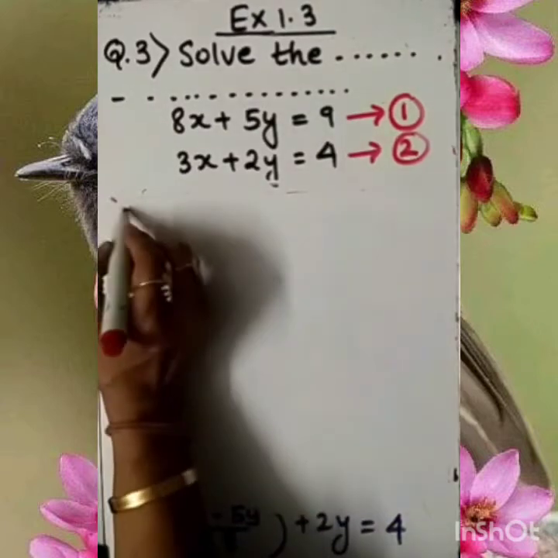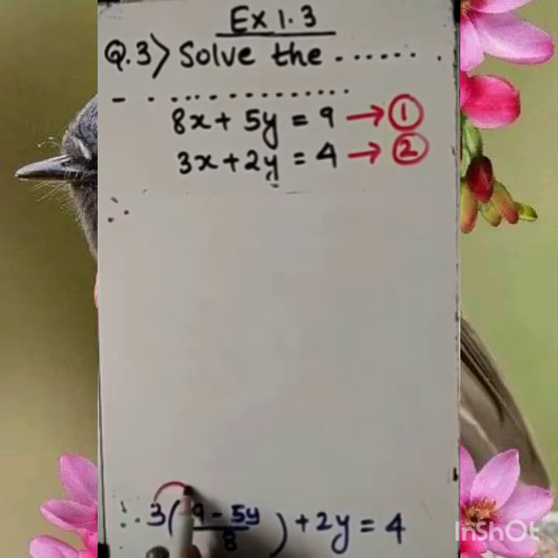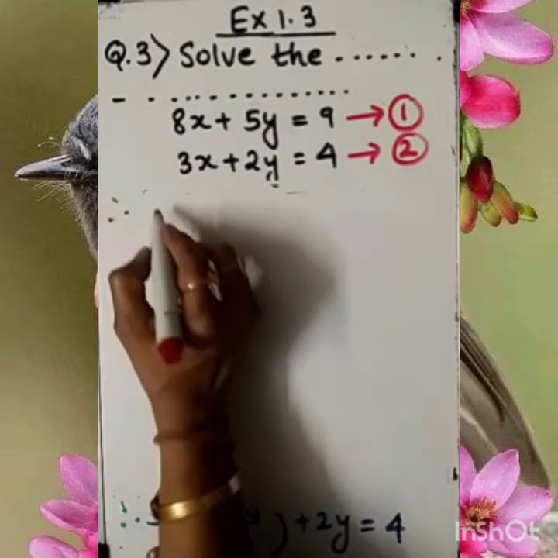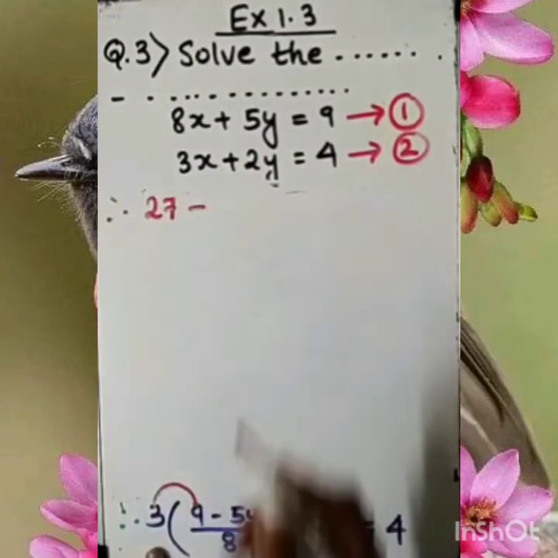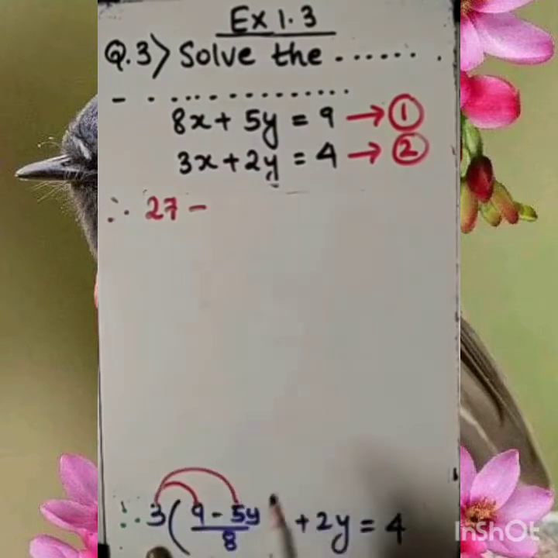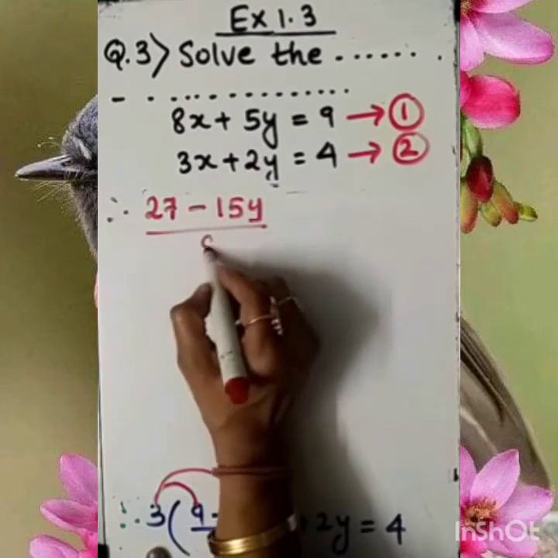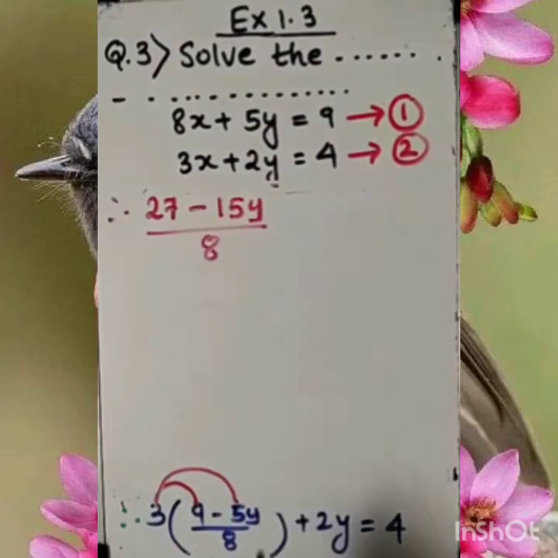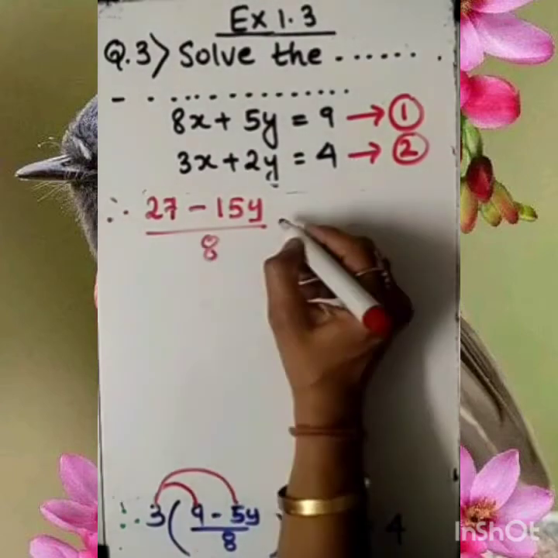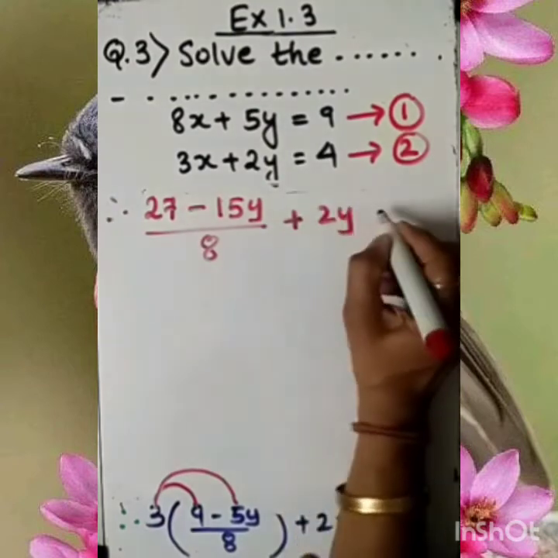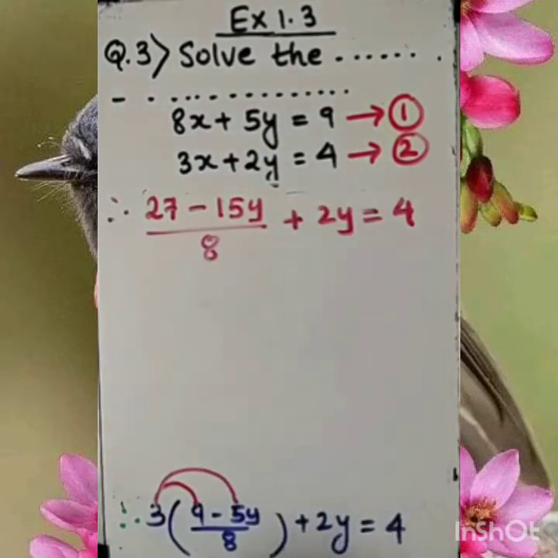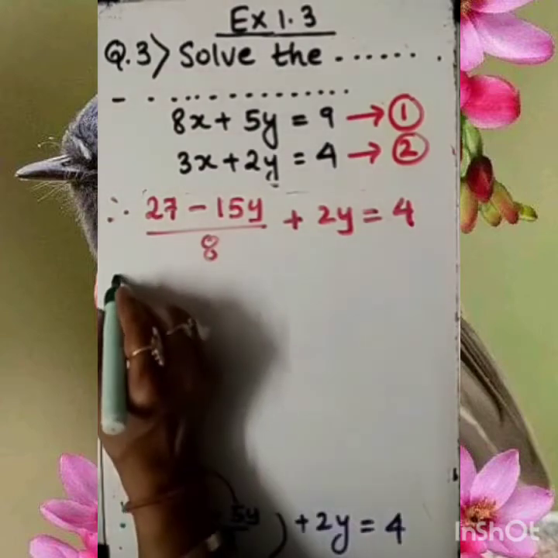So let me write here 3 into 9, 27, minus 3 into 5, 15y, upon 8. Here you can see 8 is already there. Let it be as it is. Whatever the remaining terms, we need to write here without changing anything. Okay. Now let's go with the LCM procedure.